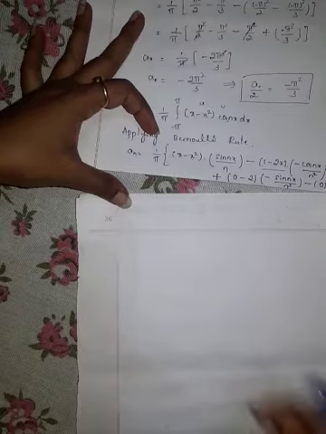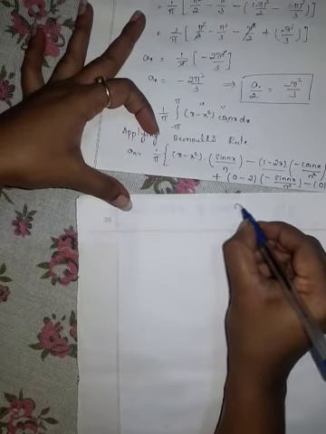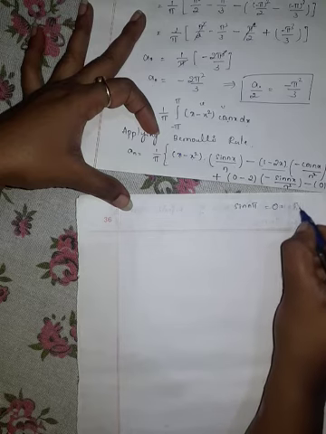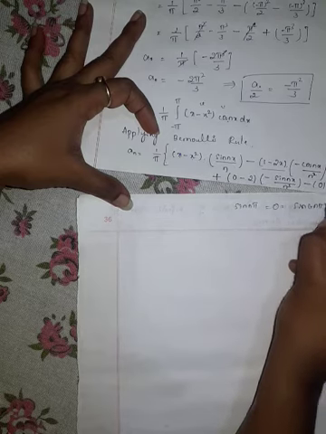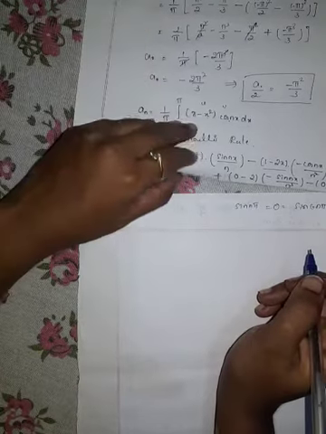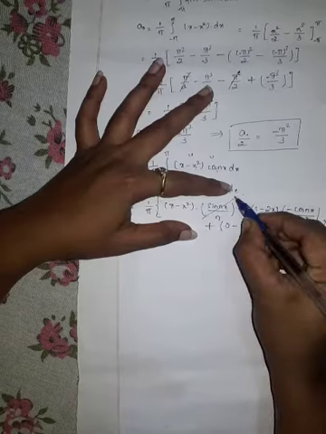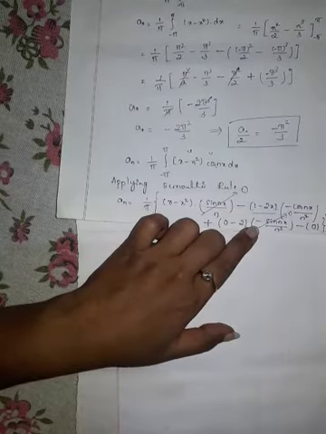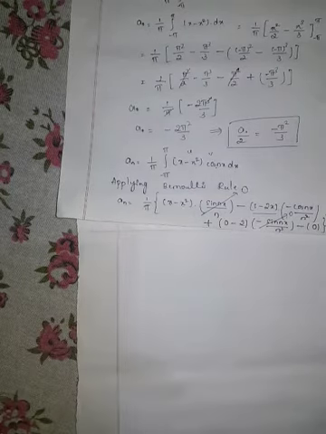As we know, sin n pi or sin minus n pi is nothing but 0, and sin 0 is always 0. So directly we can take sin terms as 0. Here also we have a sin term, this is also 0. Wherever a sin term is there, we can take it directly as 0.